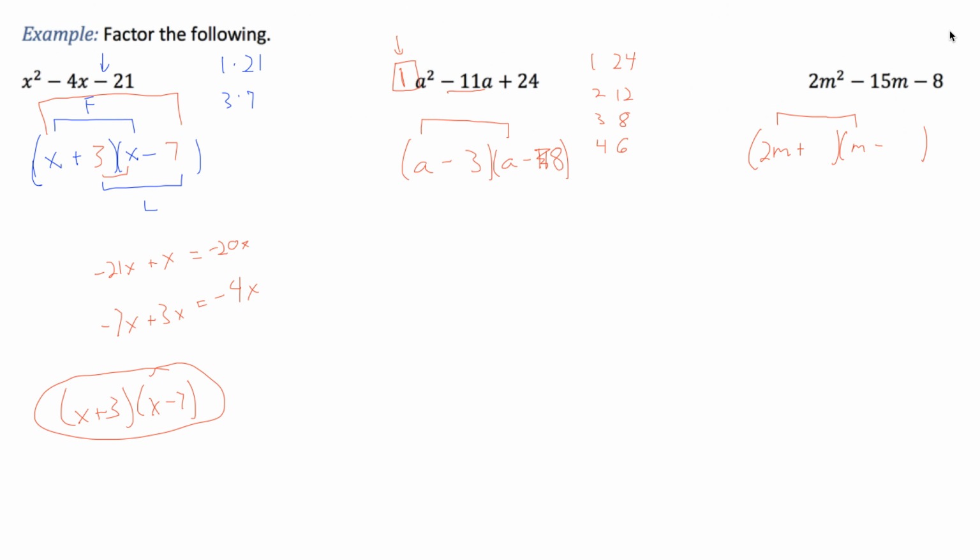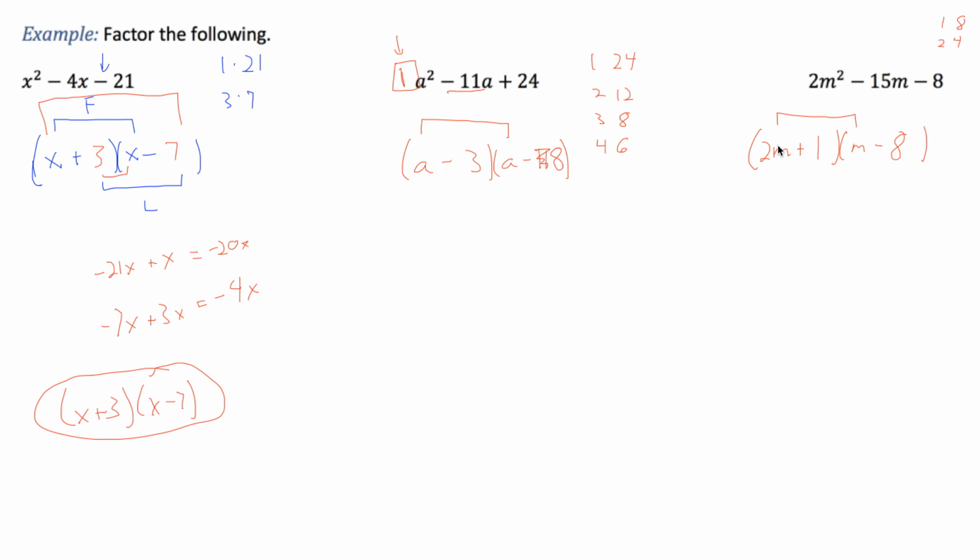And then we have an 8 here. How do we get 8? Well, to get 8, we have 1 and 8, or 2 and 4. So let's try some of these. Let's try 1 and 8. I'm a little hesitant to do this because this is going to work, and it doesn't always work out that our first guess is the right one.